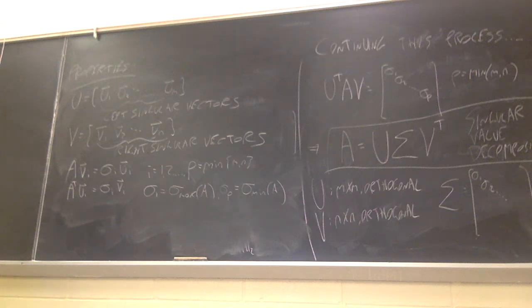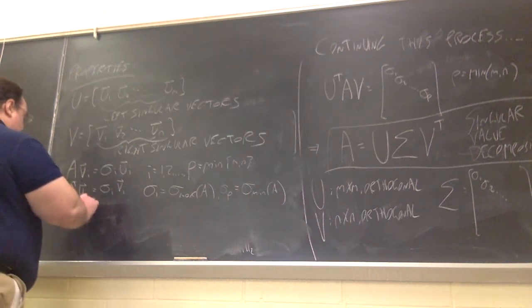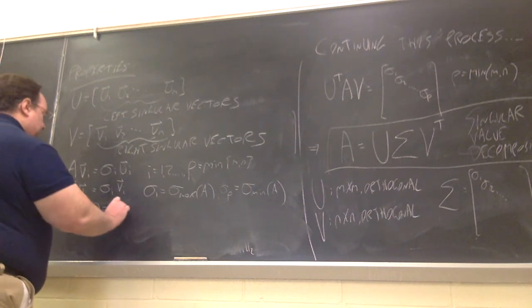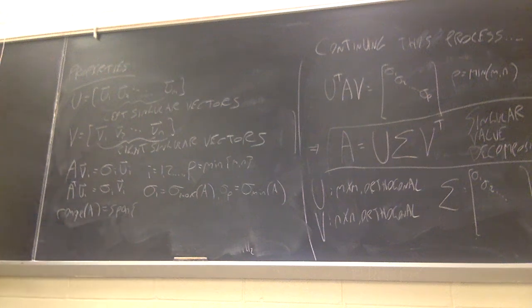Now, with the singular vectors, it's very easy to describe two important subspaces associated with the matrix, because every matrix has a range and a null space. So the range of A is the set of all vectors you get by multiplying by A. The range is the output of a function, so if your function is multiplying by A, the range is all possible outputs.